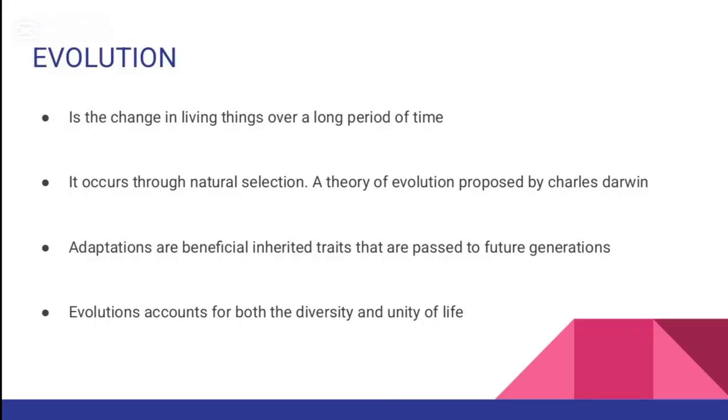Evolution in biology is another concept that is very important for us to understand. Evolution can be defined as the change in a species that happens over a span of a very long time. This occurs through natural selection, which is the theory of evolution that was proposed by Charles Darwin.